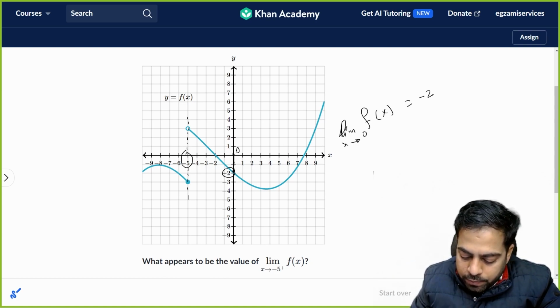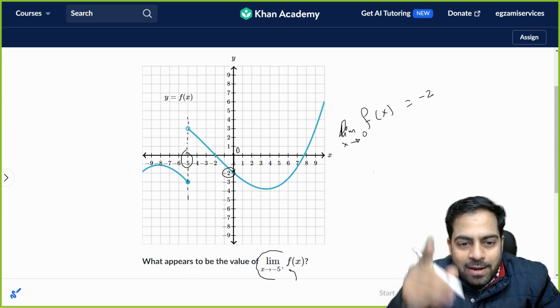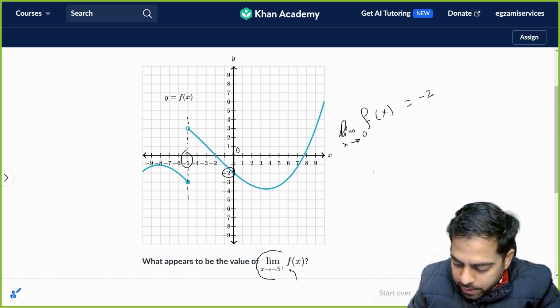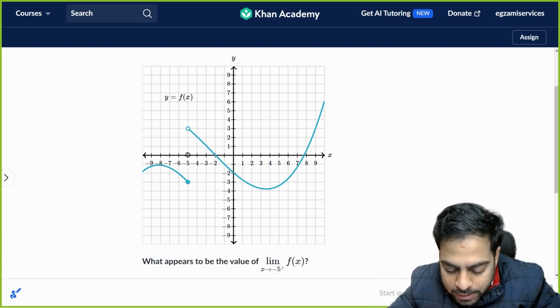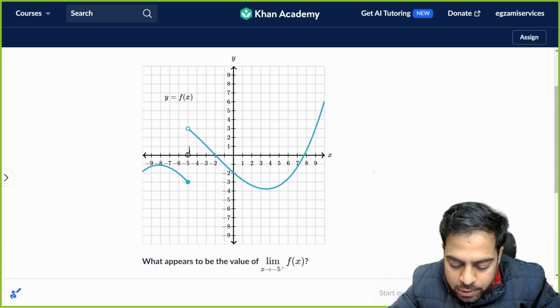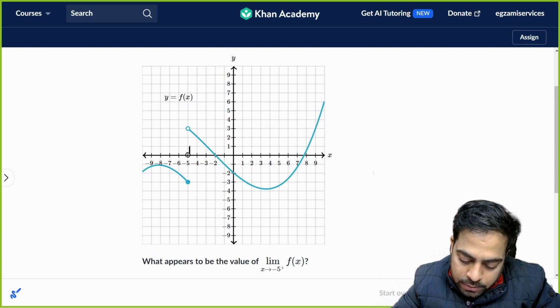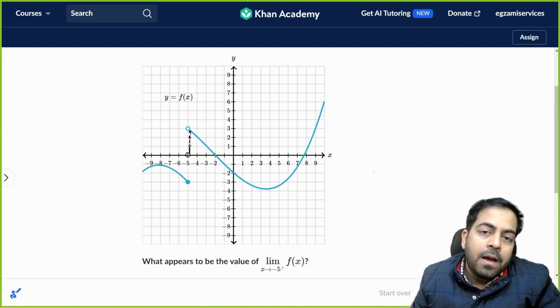Now they are asking for limit x goes to -5 positive. Positive means RHL. So for -5 RHL, I'll go to -5, and I'll go to its right hand side, but I'll stay close to -5. You have to stay as close as possible. If you ask me how much closer, that's not defined.